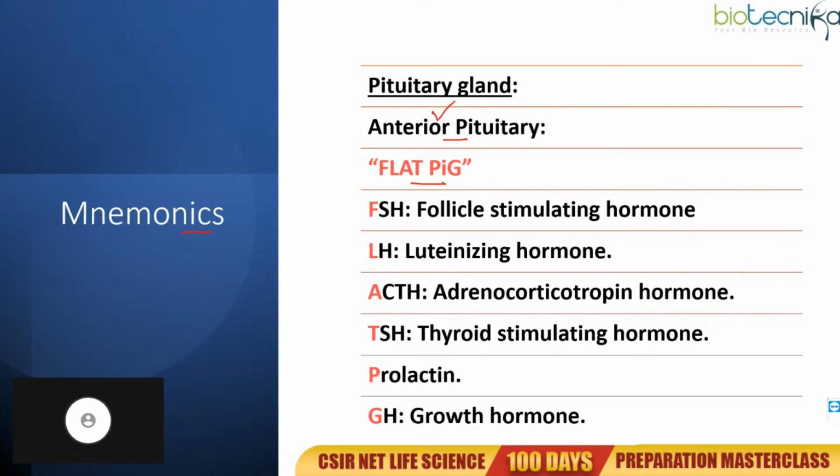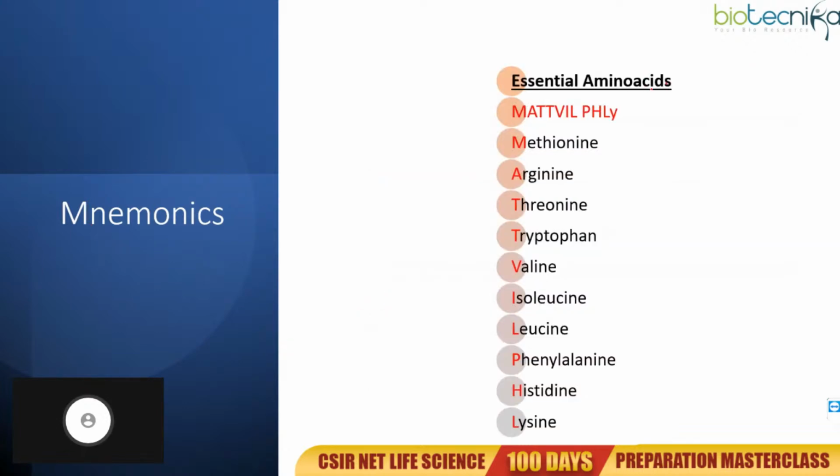So, in this way, you can use mnemonics to remember difficult topics, difficult terms, difficult examples, where you have a lot of things to remember in a very less time. Another example, you can see essential amino acids. So math will apply. So M is for methionine, A for arginine.